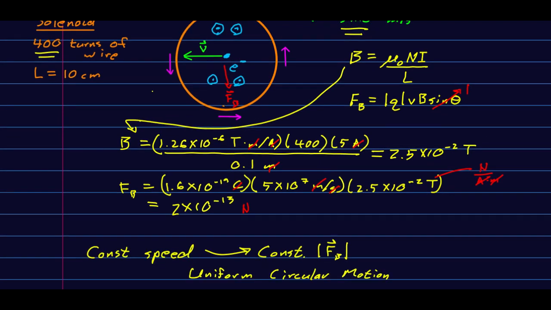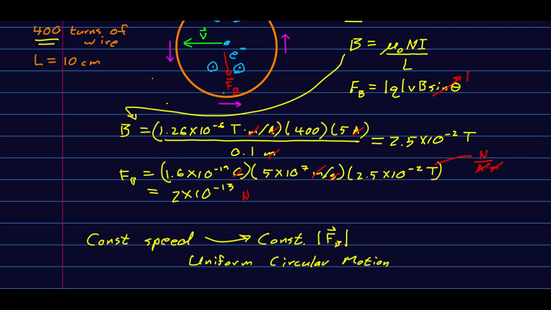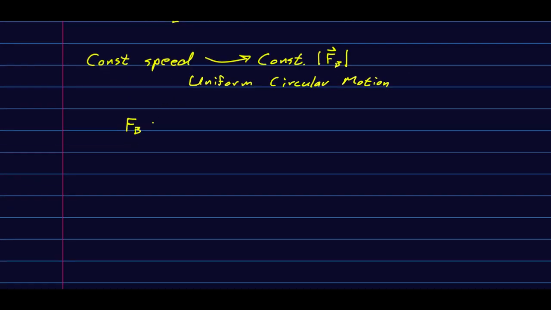Well, let's find the radius of that circle. We know then that the FB is the only force acting on this electron, and so that is the net force. And the net force in uniform circular motion is equal to mv squared over r.